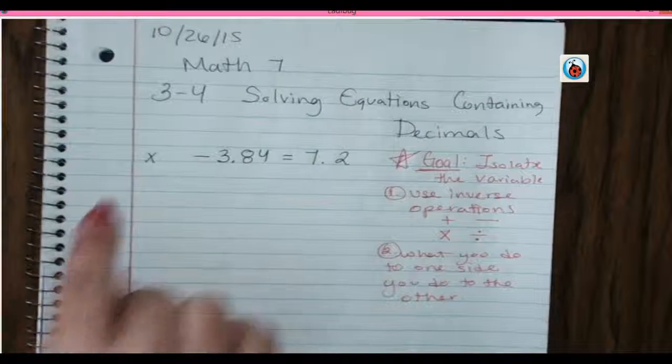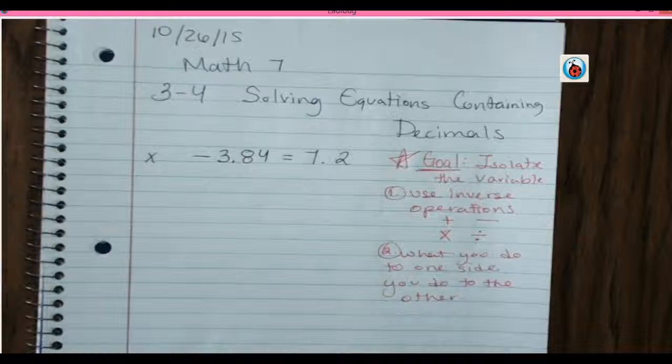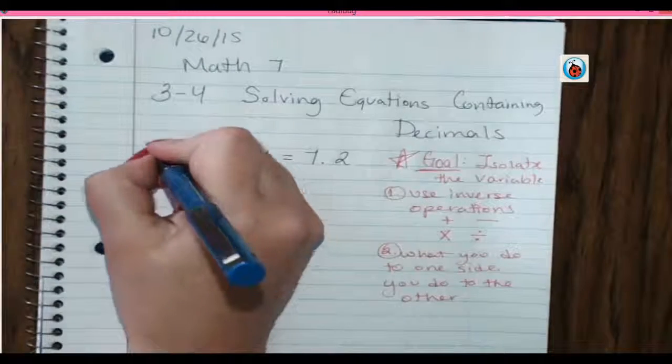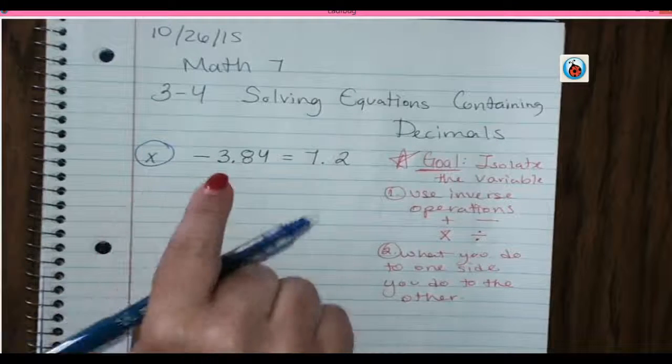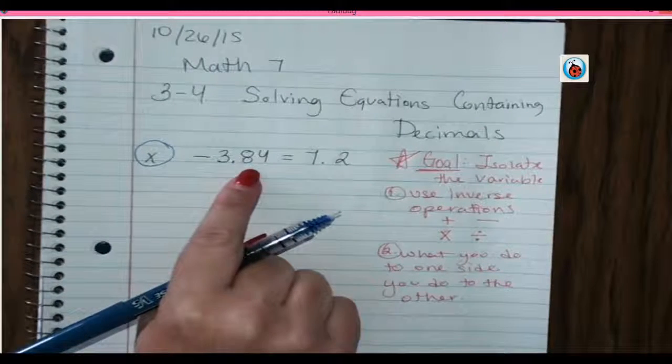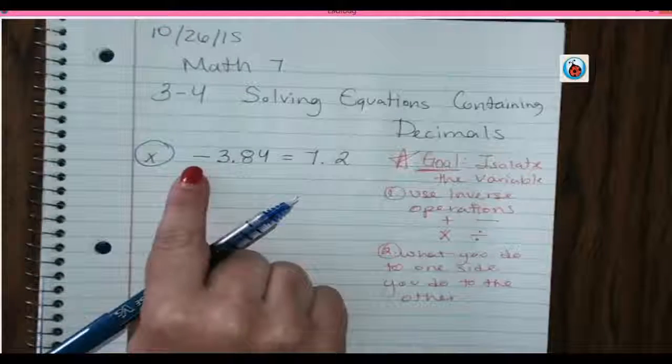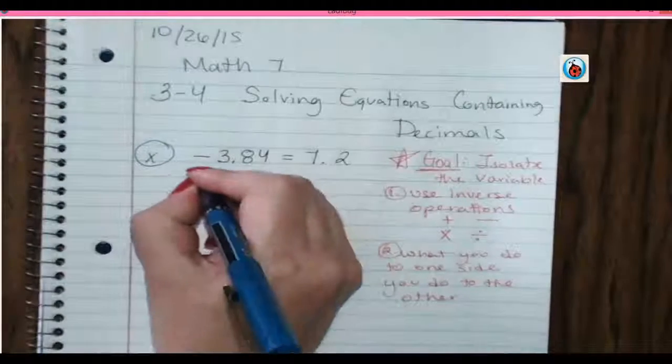So if we have to solve x minus 3.84 equals 7.2, what we have to do is isolate the variable. We want the x by itself. So we've got minus 3.84. What is the inverse of minus 3.84?